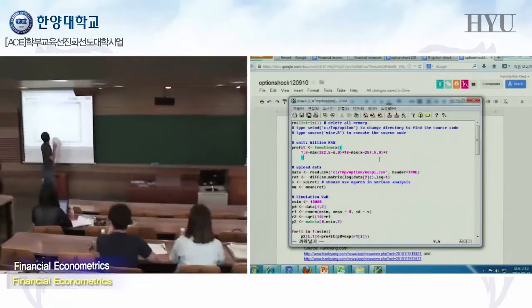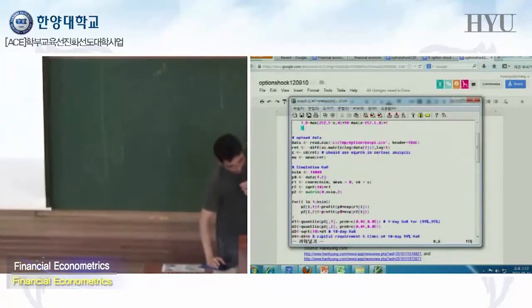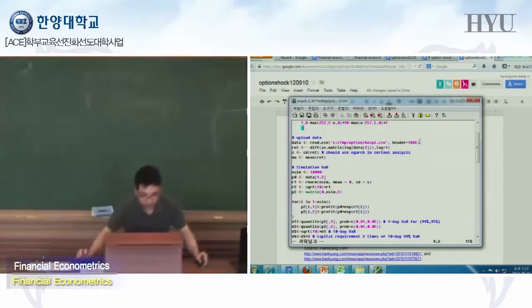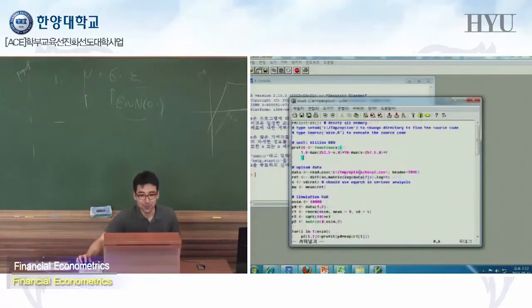First, of course, I have to upload the data. So I call it data, using read CSV, something like this. My working directory is this one.